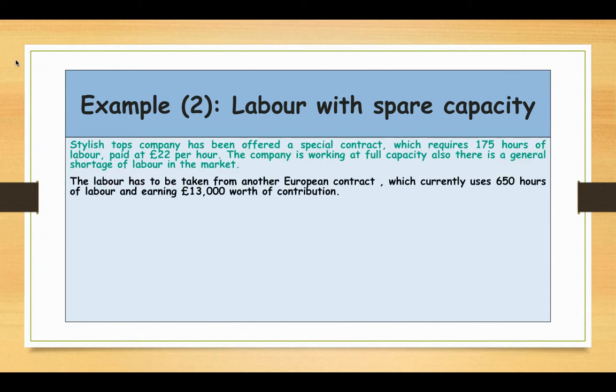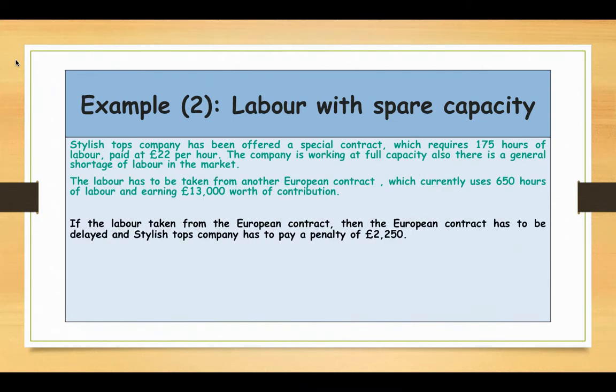The labor has to be taken from another European contract which currently uses 650 hours of labor and earning £13,000 worth of contribution. If the labor is taken from the European contract, then the European contract has to be delayed, and Stylish Tops Company has to pay a penalty of £2,250.